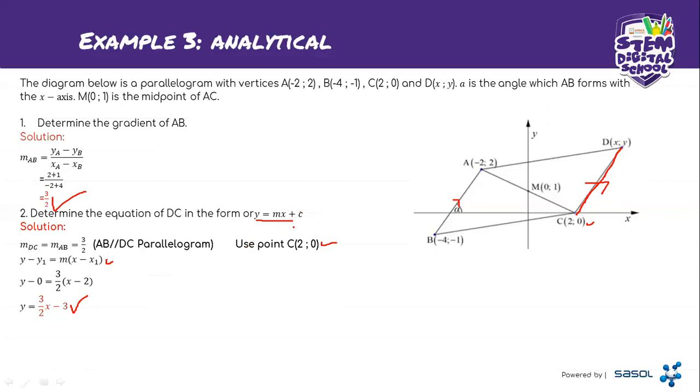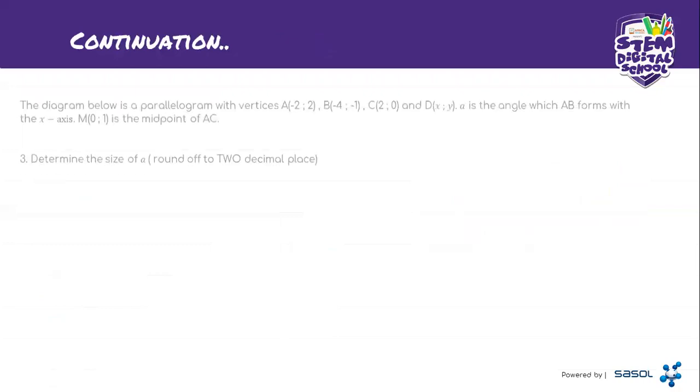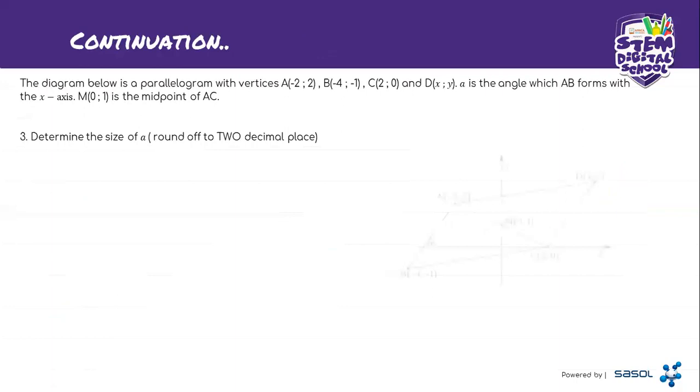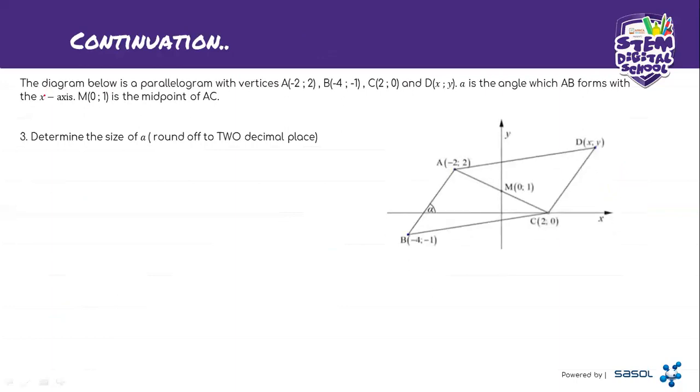Now let's proceed. The question is still continuing. The diagram below is still the same. It's a parallelogram, with the very same information we just used. And then we have the new question: determine the size of alpha, this one, rounded off to 2 decimal places.